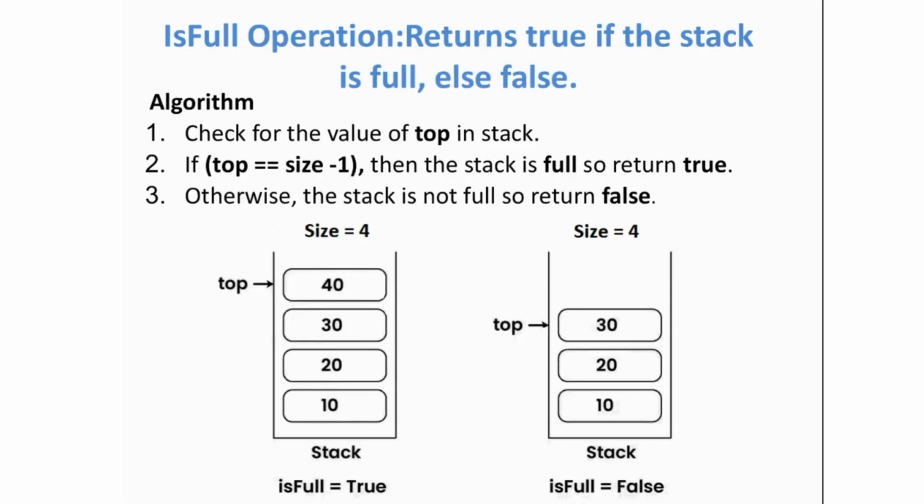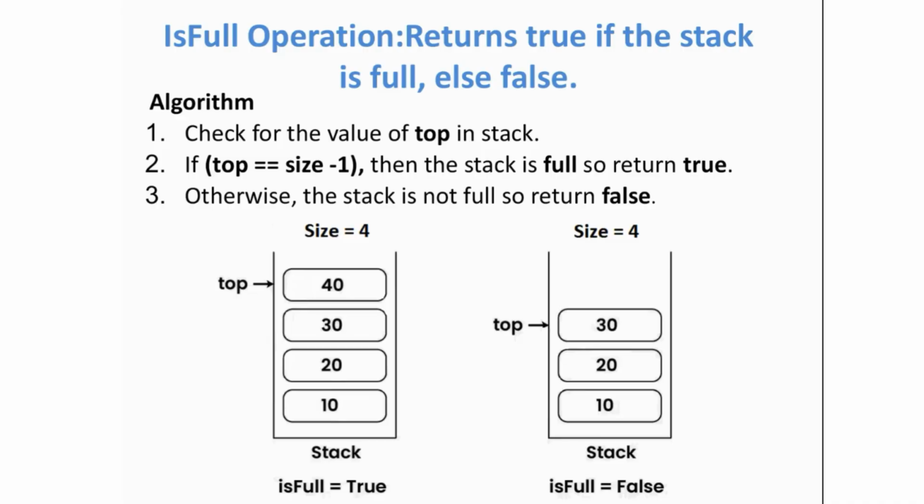Is full operation, returns true if stack is full, otherwise it returns false. Algorithm, check for the value of top in the stack, if top is equal to size -1, then the stack is full, so it returns true, otherwise stack is not full, so it returns false.